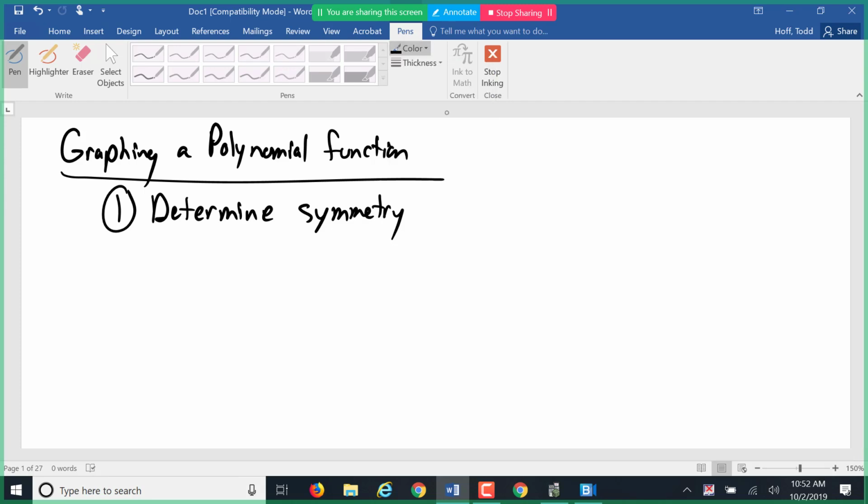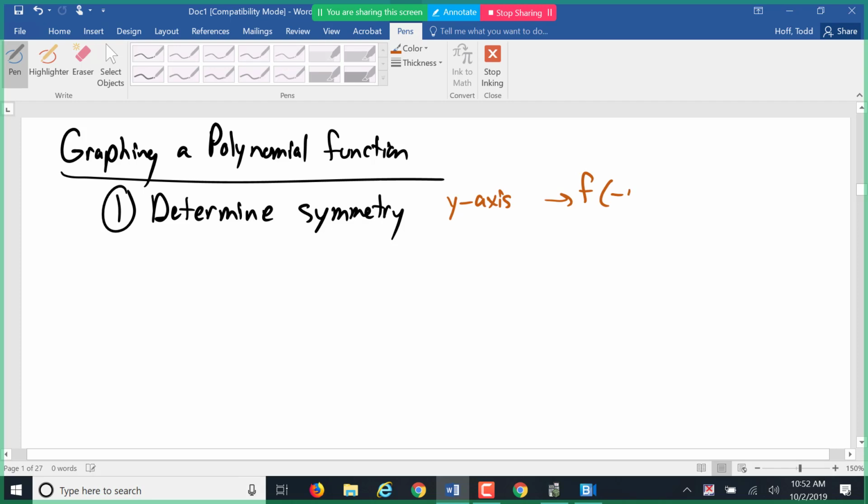Remember, we can determine symmetry: symmetrical about the y-axis if f of negative x equals f of x.